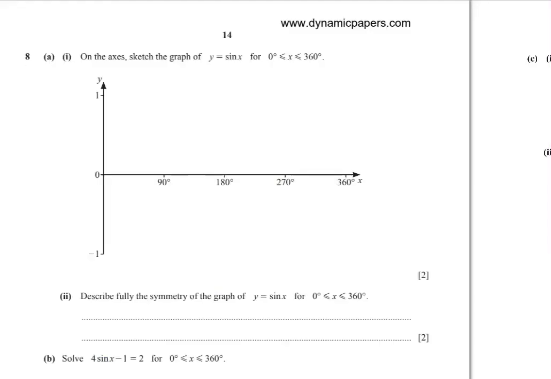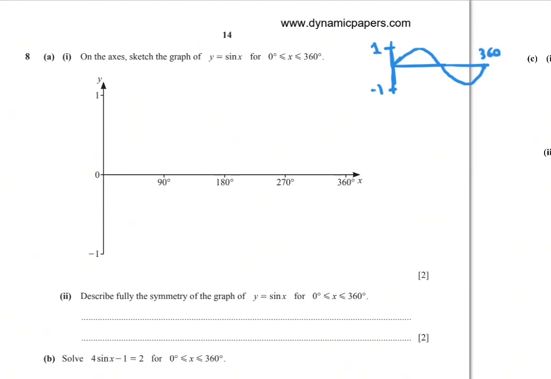Number 8, A. On the axes, sketch the graph y equals sine x for x greater than or equal to 0 and less than or equal to 360. This is the graph for sine. The maximum is 1 and the minimum is negative 1. The period is 360. Start from 0, it equals 1 at 90, then 0 at 180, then negative 1 at 270, then 0 at 360.